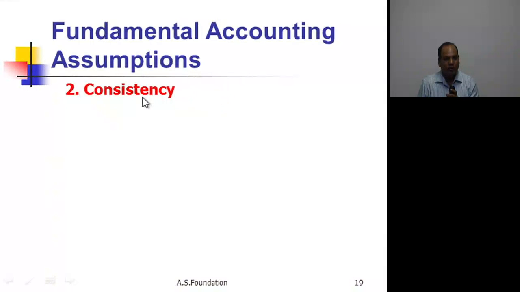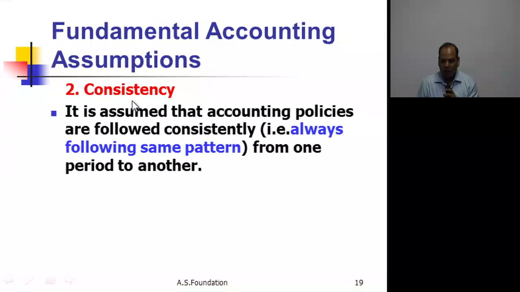Now, the second fundamental accounting assumption is consistency. Consistency is very important in accounting, otherwise the financial statements will lose their reliability. Nobody would trust the financial statements if you don't follow the same accounting policy every year.